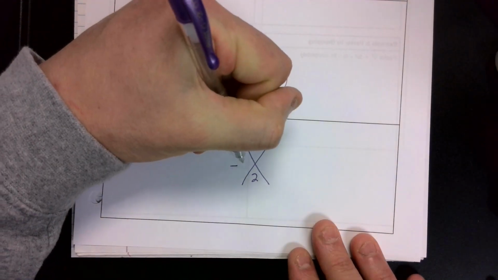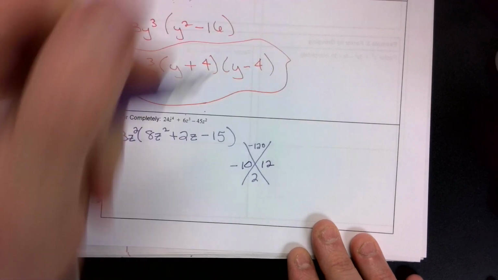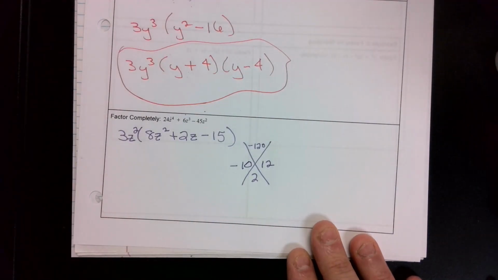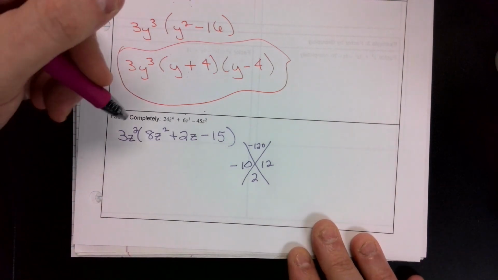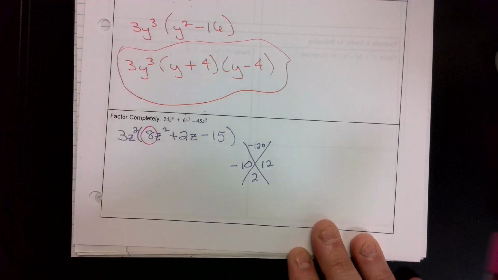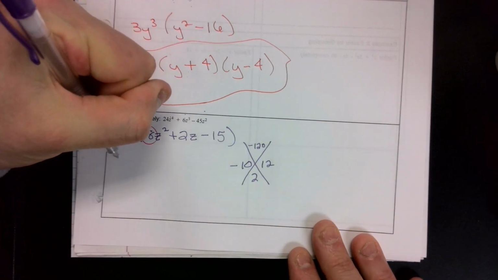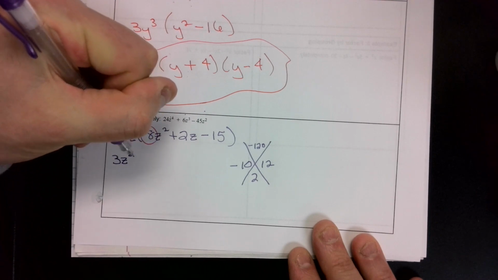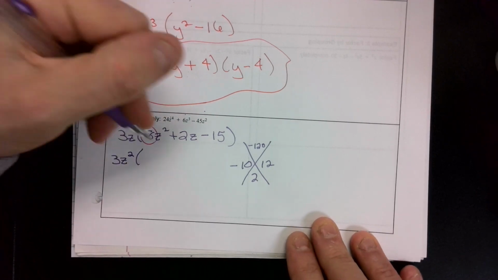Okay. Now, the key thing here, when we rewrite our factors, we have to take into account that we have this 8 right here. So when we rewrite our factors, first of all, let me bring down my GCF. When we rewrite our factors, it's going to be x minus 10, but we have to divide it by an 8.